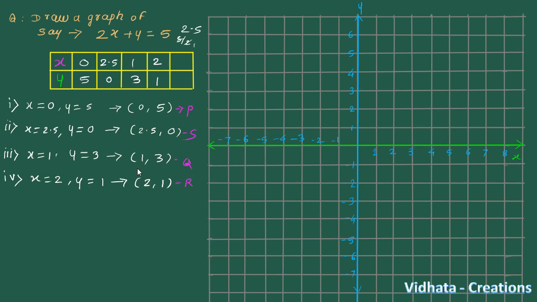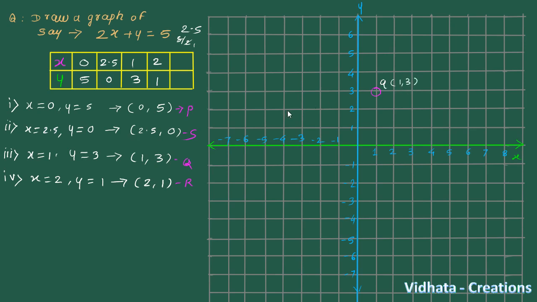First of all, we will plot the point Q on the coordinate plane. The x coordinate of point Q is 1 and the y coordinate is 3. So here x coordinate is 1 and y coordinate is 3. So here will be your point Q, whose coordinates are (1, 3).